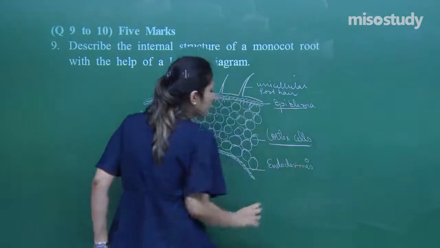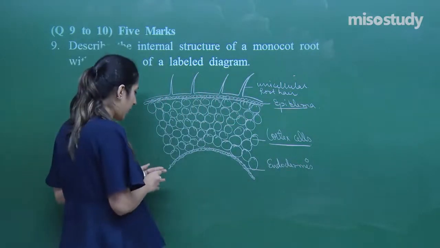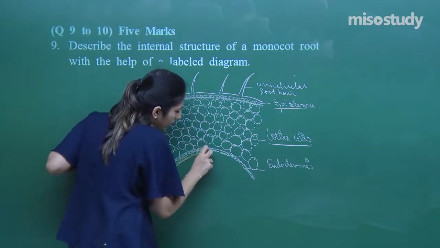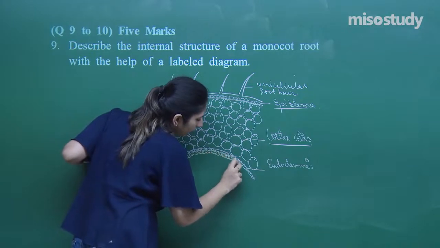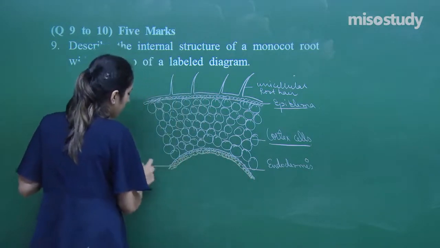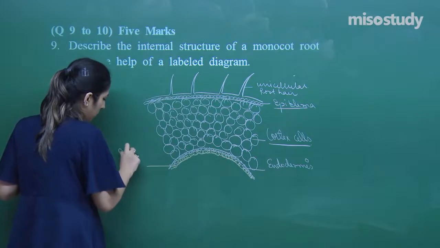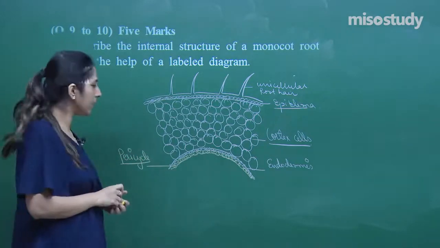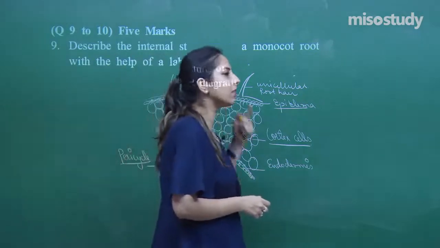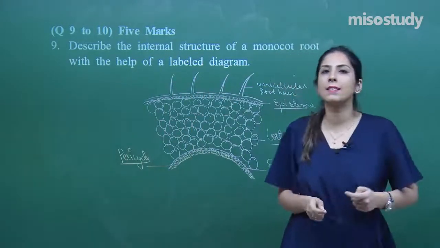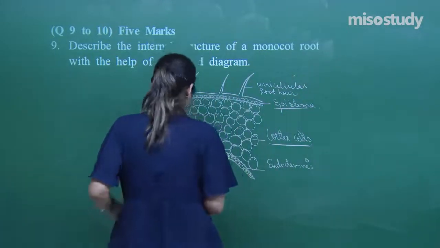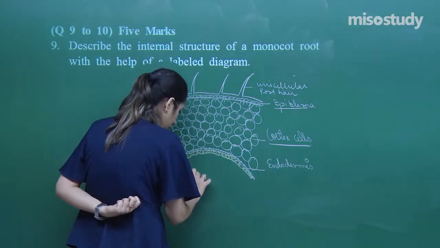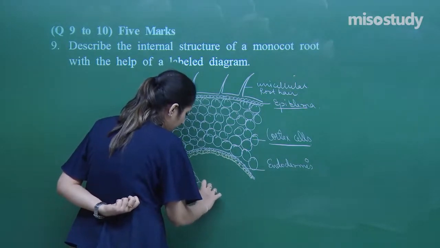Below the endodermis, another layer is present, which we call the pericycle. After that, the vascular bundles in this case are of exarch type. Polyarch condition is seen.